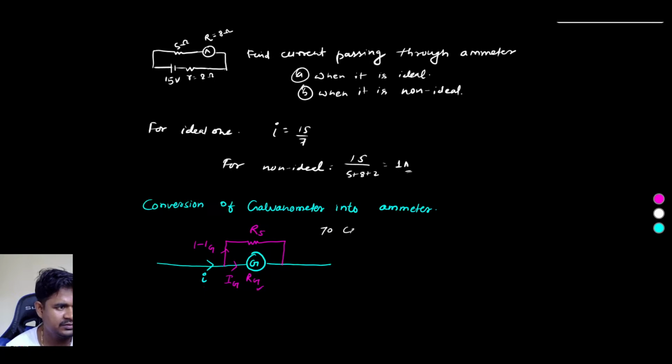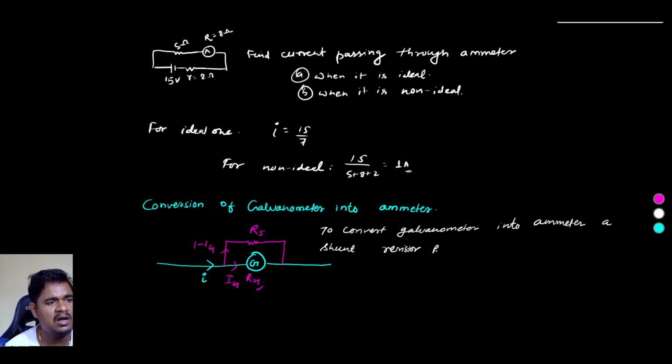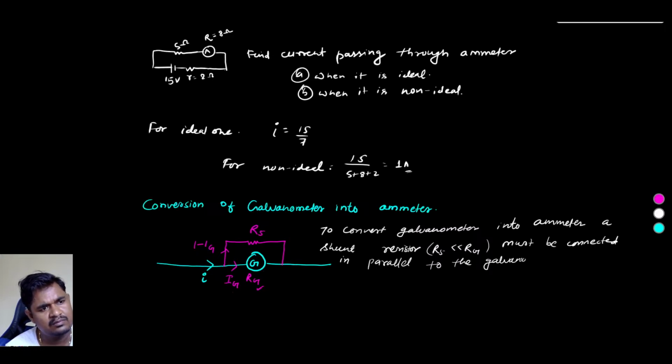So to convert a galvanometer into an ammeter, a shunt resistor Rs much lesser than Rg must be connected in parallel to the galvanometer.